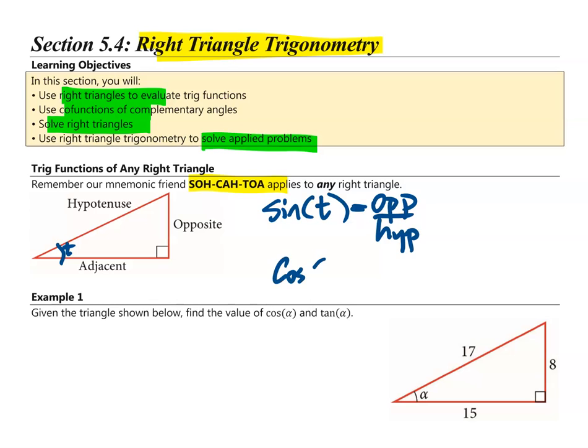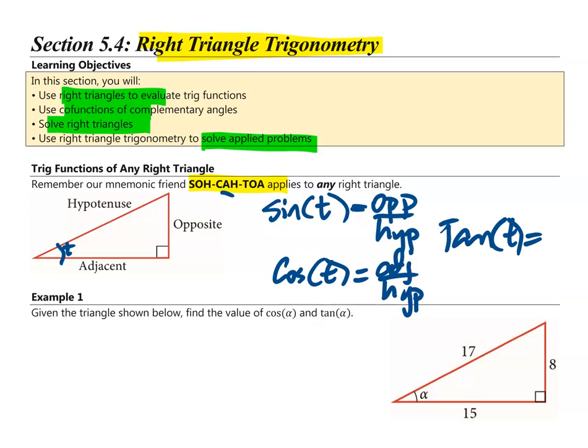Cosine of T is adjacent over hypotenuse, and tangent T is opposite over adjacent.